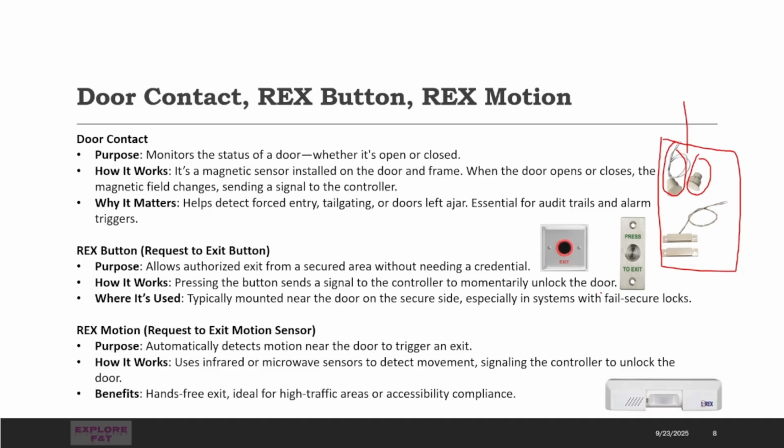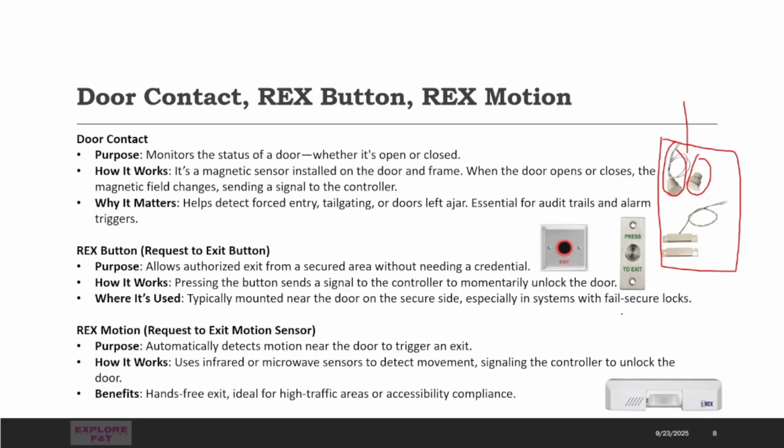Fail safe means, if there is a lock and there is a power failure, what will happen? If there is power loss, in fail safe the door will open automatically. Okay, the door will open because it's safe.